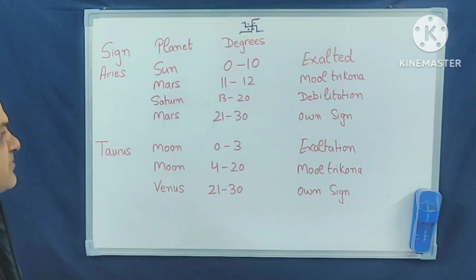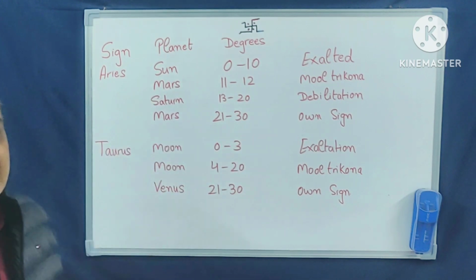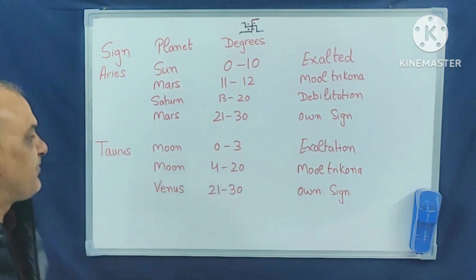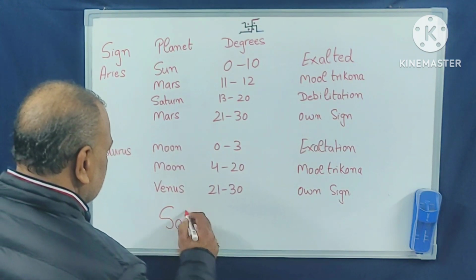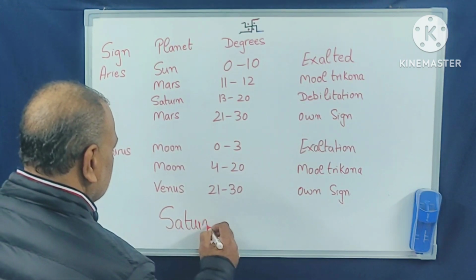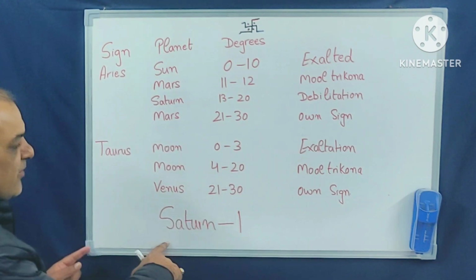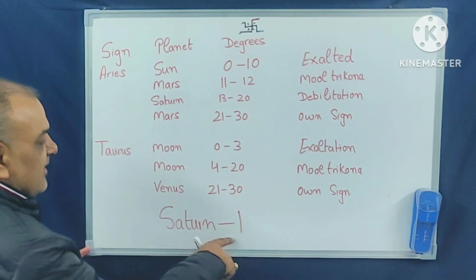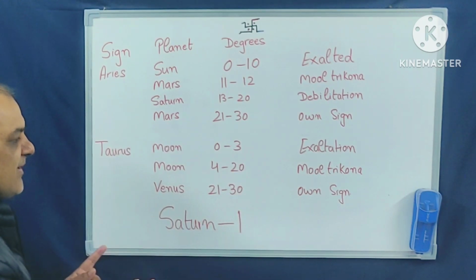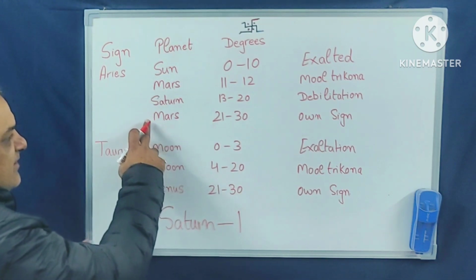Let us say in any chart Saturn is placed in Aries, so I will write here Saturn in Aries. But before coming to the conclusion that Saturn is debilitated in Aries, do not make this statement without seeing the degrees.